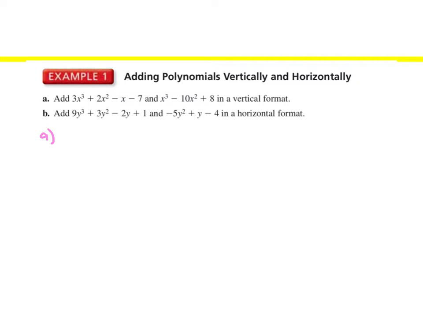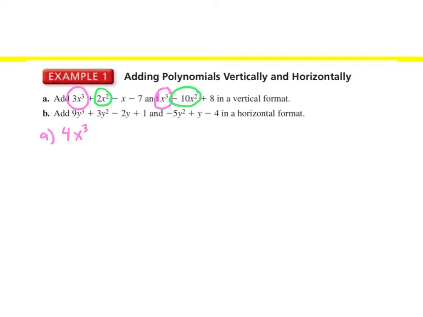So we can only combine our like terms. So we have an x cubed here and an x cubed here. So 3x cubed, if it doesn't have a number, remember it's implied that it's a 1, so 3 plus 1 would be 4x cubed. Next we can move on to our squared. So we have 2x squared and negative 10x squared.